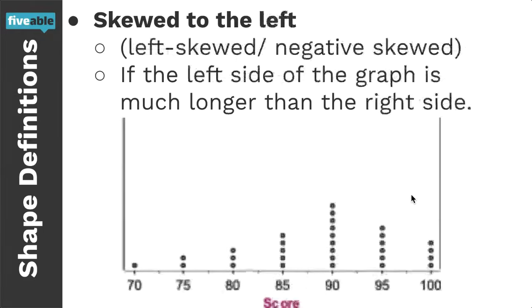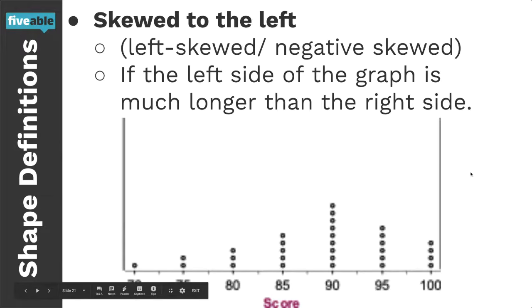On the opposite, we have skewed to the left. We call it left skewed or negatively skewed. If the left side of the graph is much longer than the right side, we call it skewed to the left. Same idea. If I were to draw a line above my data set, you could see the tail going to the left.